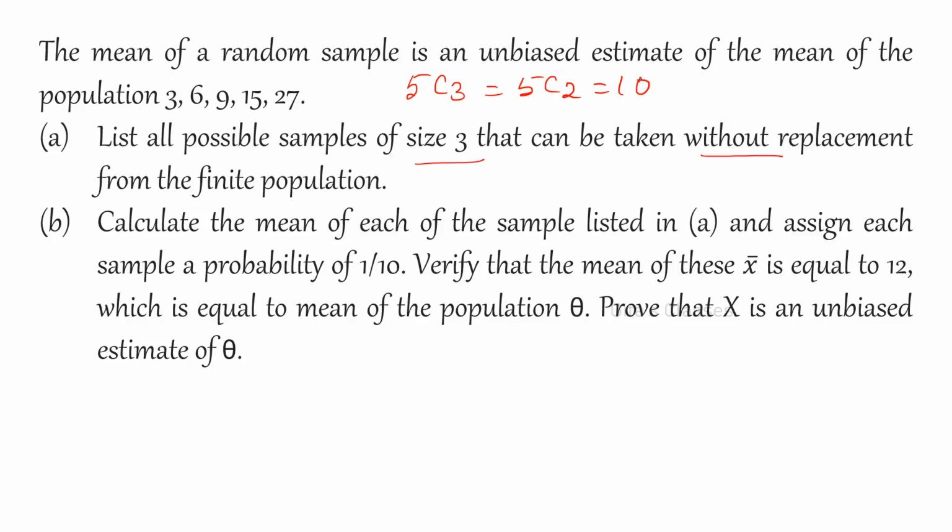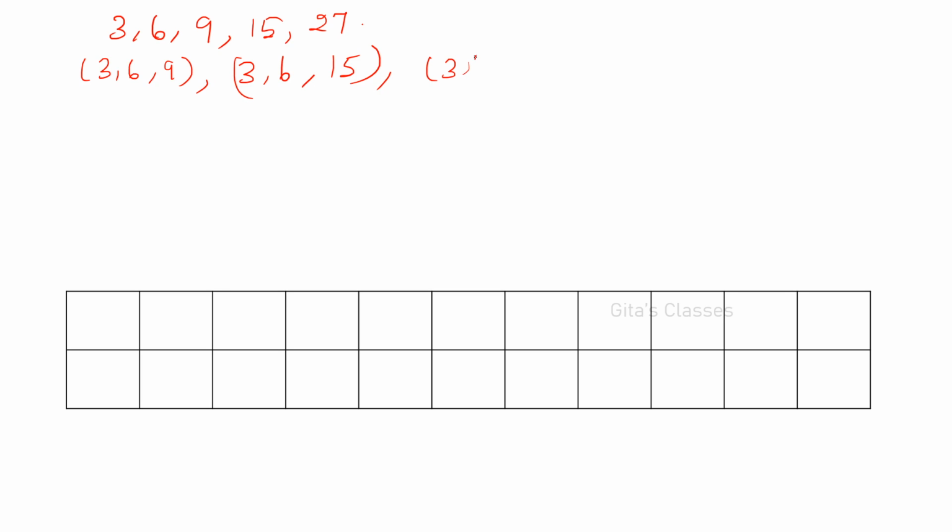Here C, combination you have to consider. Now, what are the samples we can take? So, what are the values? 3, 6, 9, 15, 27, right? These are the values. Now, let us write the samples first of all. 3, 6, 9, then 3, 6, 15, 3, 6, 27, right?